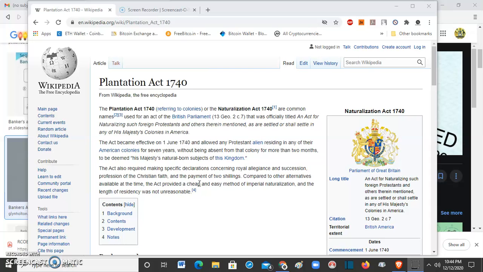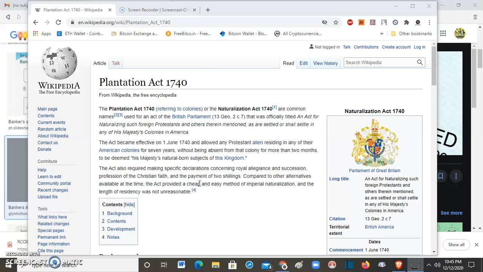They were all under the British America banner before the Revolutionary War, which I think is what sets the pace for the U.S. corporation. So let's get to it.